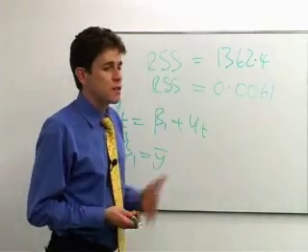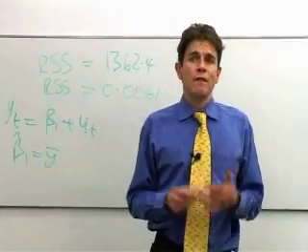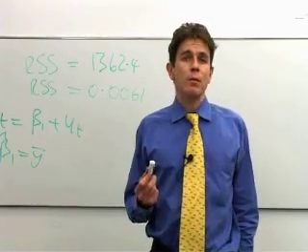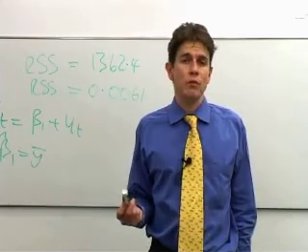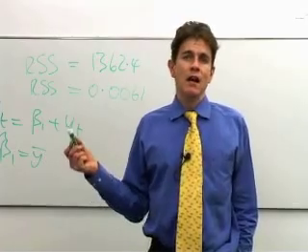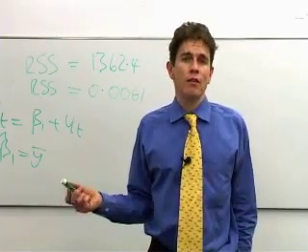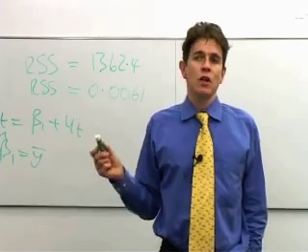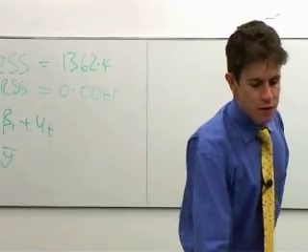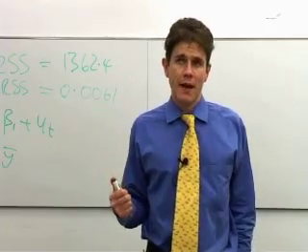Now this total sum of squares could be split into two components. The first is the explained sum of squares, the proportion of the total variability of y which is explained by the model, and the second is the residual sum of squares, the part of the variability of y which is not explained by the model. So total sum of squares equals explained sum of squares plus residual sum of squares.